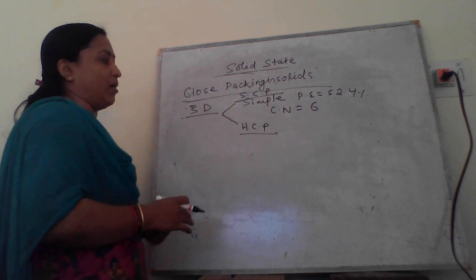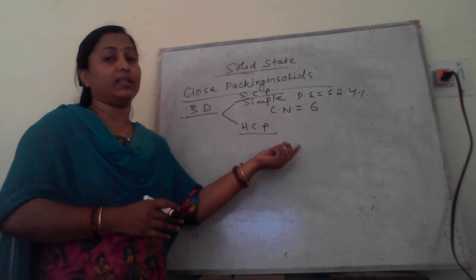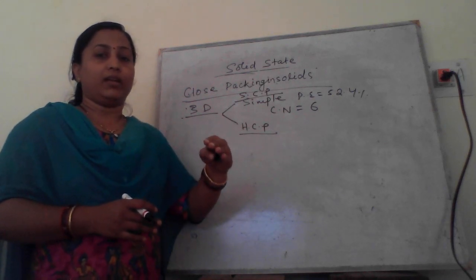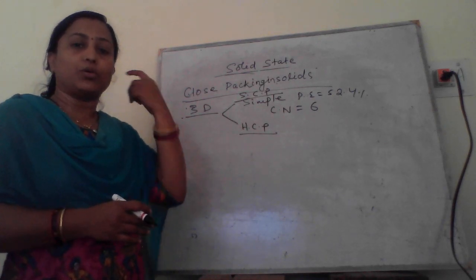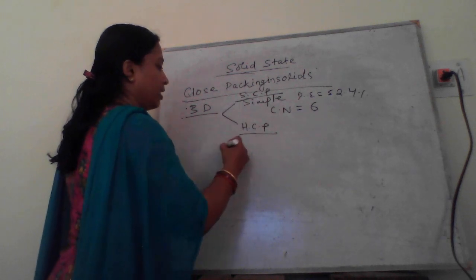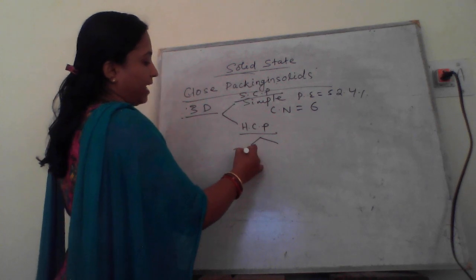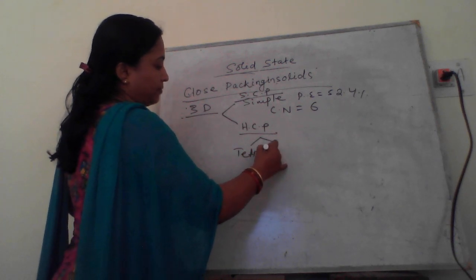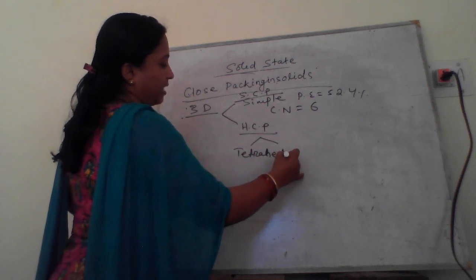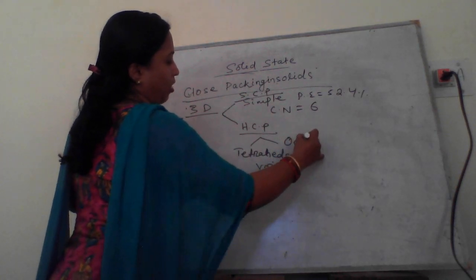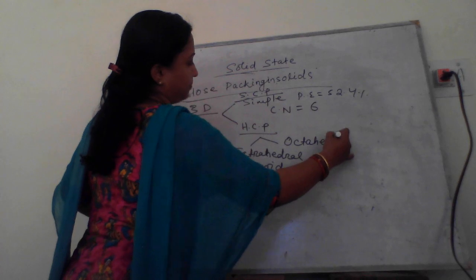So in hexagonal close packing, the triangular void is covered by the second layer in two different ways. So here two types of voids are formed. One is tetrahedral void, and second one is octahedral void.